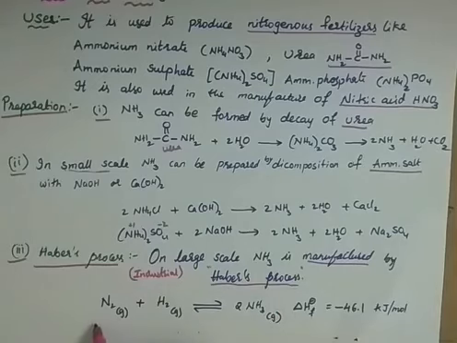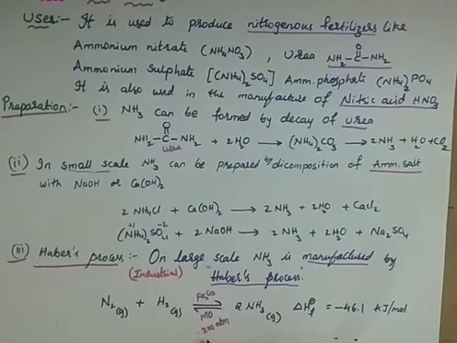Very simple. When dinitrogen reacts with hydrogen, H2, in the presence of iron oxide catalyst, with molybdenum oxide as a promoter, at 200 atmospheric pressure and 700 Kelvin of temperature.